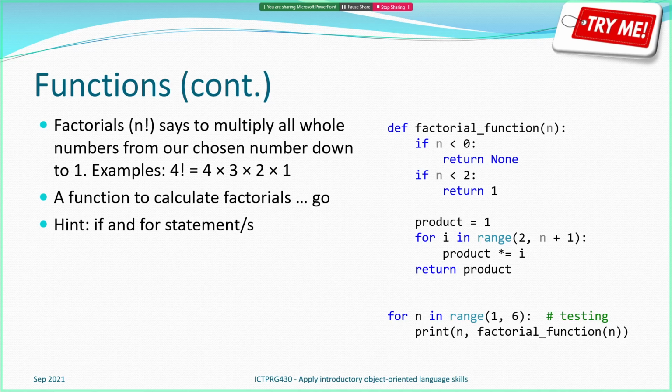So the factorial function: if n is less than 0, then we return none, and then we can increase it. While i is in the range, we can get a product. So you can actually print this out and have them sum all the numbers together.